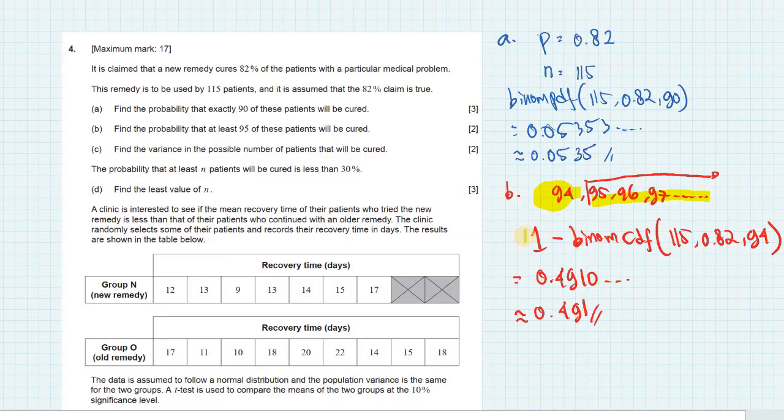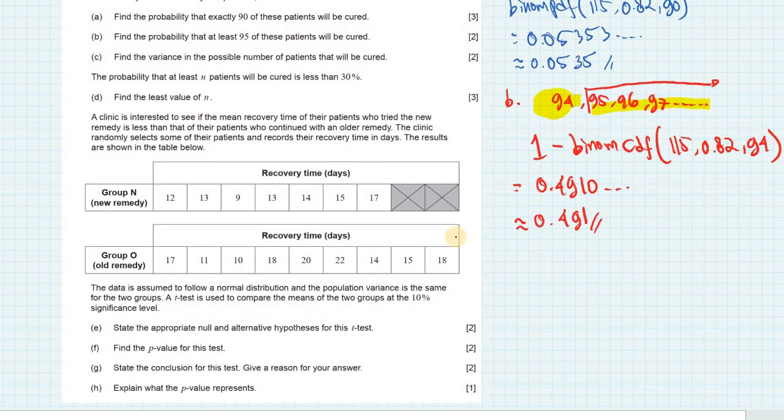So what I do is 1, which is the whole probability, minus the area of 0 up until 94. That's why I use binom CDF. Your calculator might be different, so please ask your teacher about how to use your calculator, because it might have a different way to calculate it.